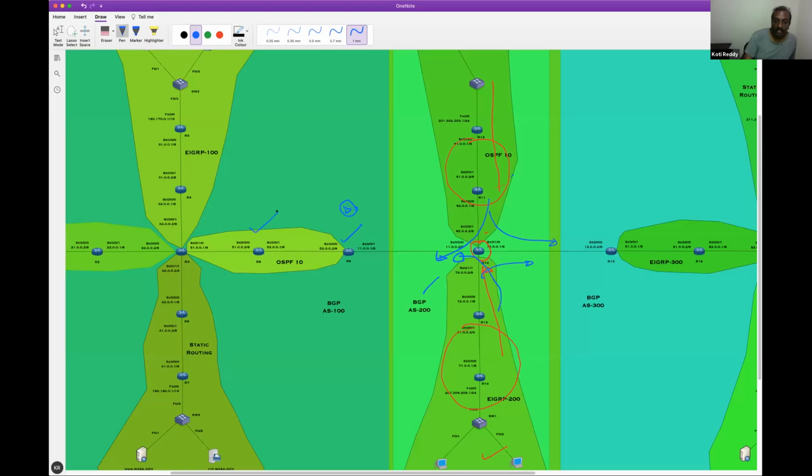No. Because this is what? OSPF enabled here. So only when I send from BGP into OSPF, this router will come to know about it. Right now it doesn't know because I did not do from BGP into OSPF. I did from OSPF into BGP. I did not do from BGP into OSPF. So I go to R8 and say show ip route.